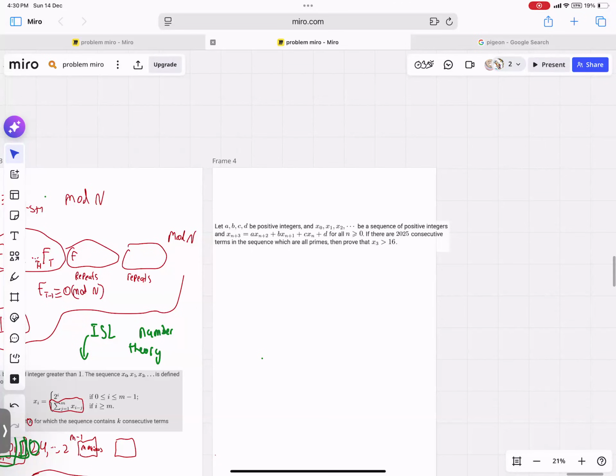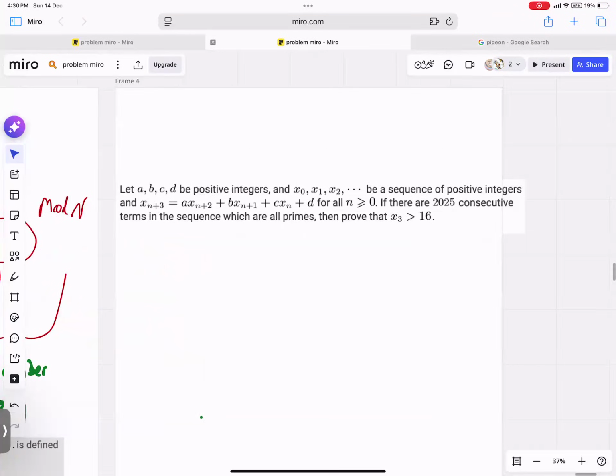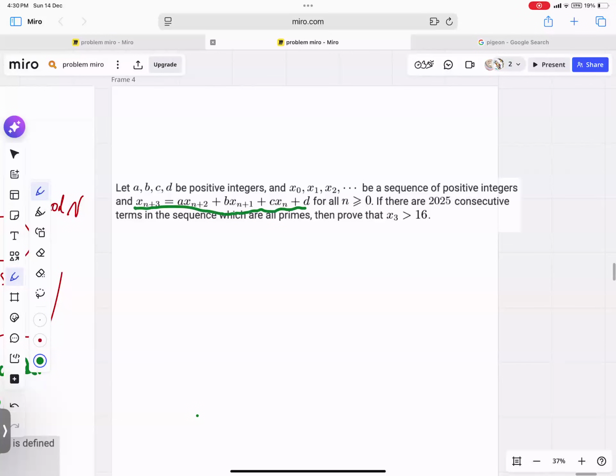Okay, so in this sequence, we have the same form of the recurrence which we've been dealing with in the last two problems. And we can do the exact same thing we did. Wait, I think it's not mentioned in this statement. I think I copy pasted the wrong statement of this. Okay, no, never mind.